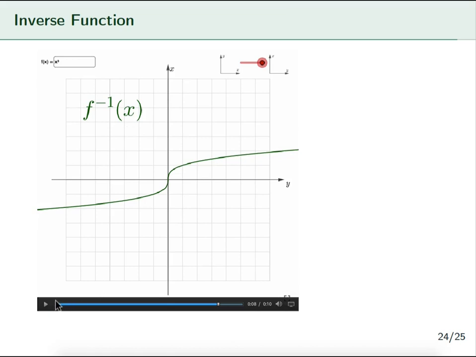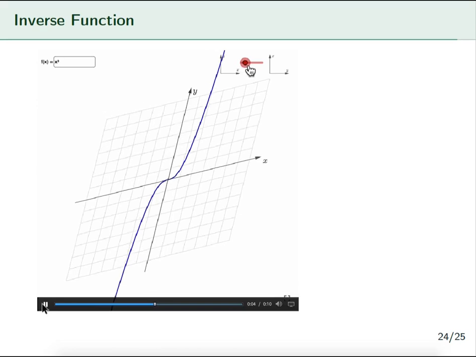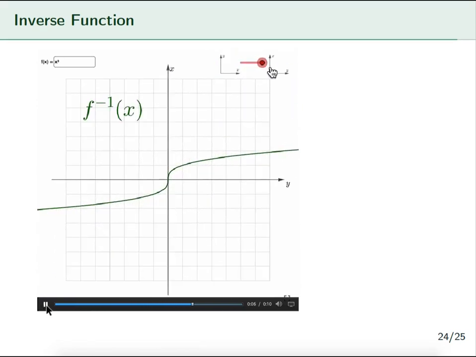Let me play one more time to show the inverting process. You can also think of it as rotating around the y equals x line right here. Imagine an invisible line. So we just inverted the function x cubed, and we got this as the graph of the inverse function.